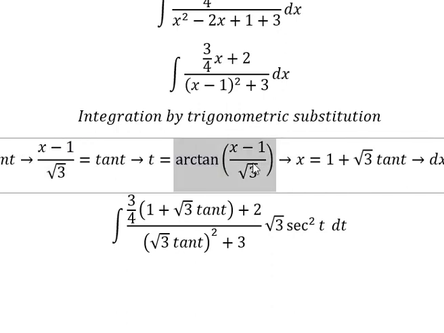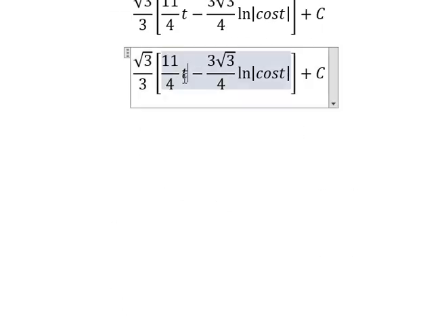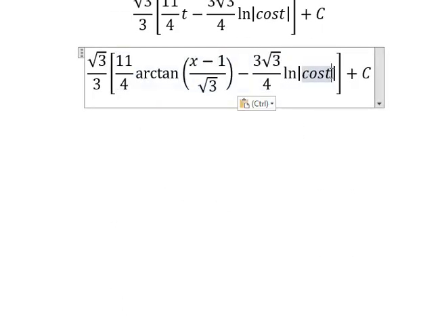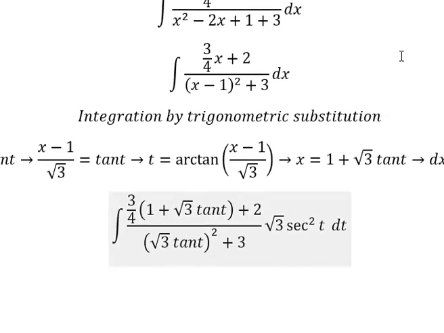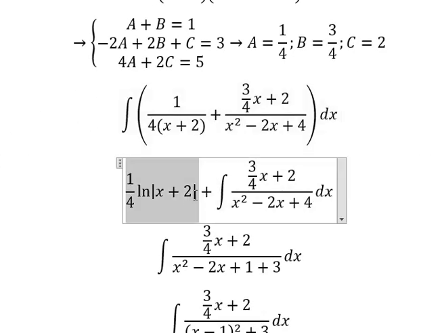So we put this one to replace t. And now we combine the answer for this one in here.